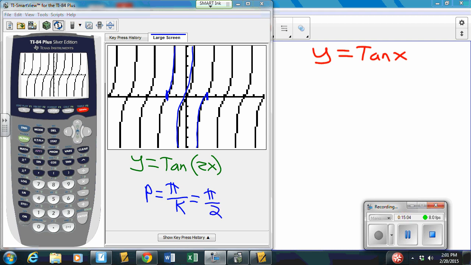K is 2. Look at pi halves. Between 0 and pi halves, we have a half cycle there and a half cycle there, which makes a full cycle. So the period is pi halves, Kyler, because k was 2. Pi divided by 2. Between 0 and pi halves is one cycle. Any questions there?